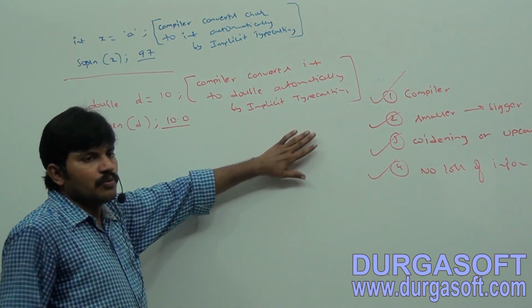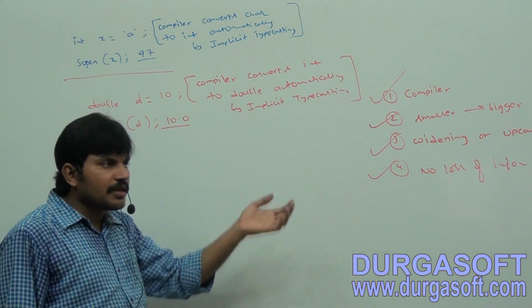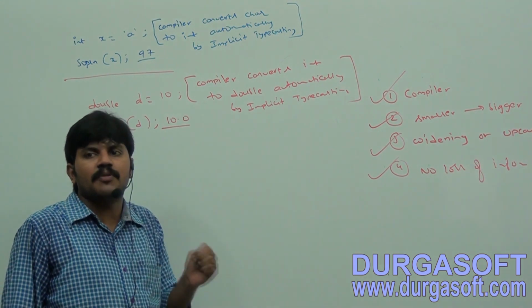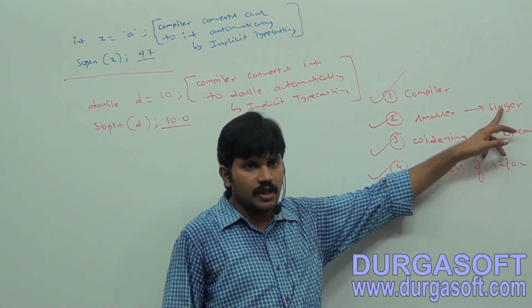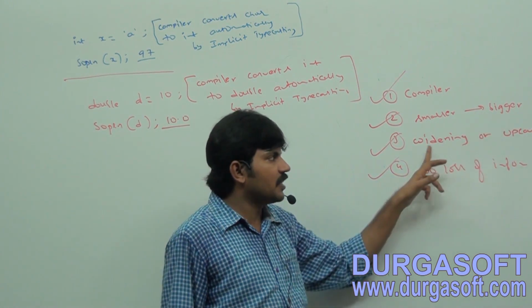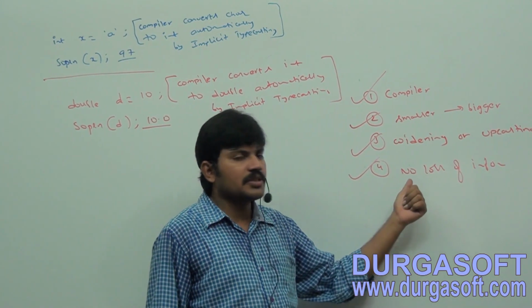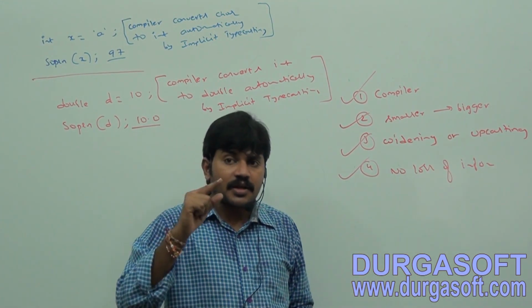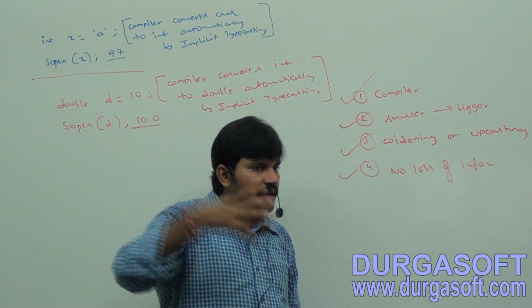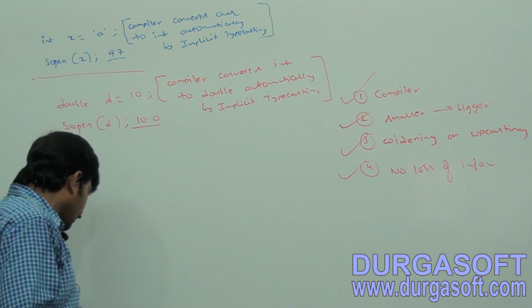Who is responsible to perform implicit typecasting? The compiler. When is implicit typecasting required? Whenever we are assigning a smaller data type value to a bigger data type variable. It is also known as widening or upcasting. There is no loss of information in this typecasting. Sir, can you tell any areas where implicit typecasting will be performed? Very simple.